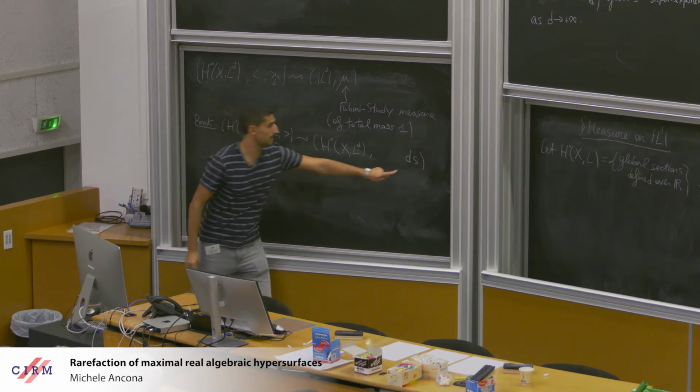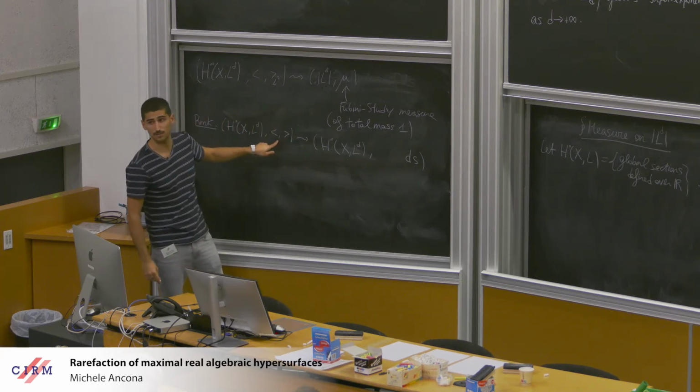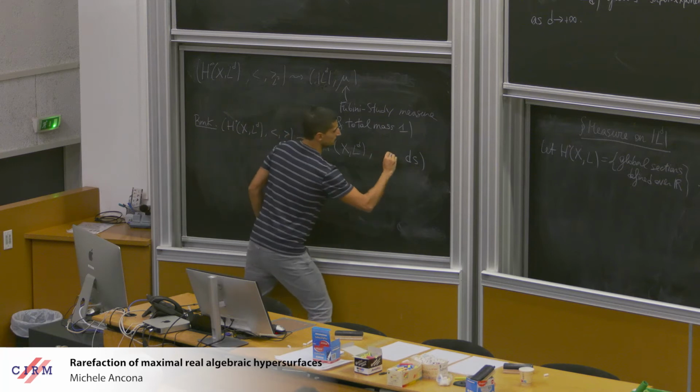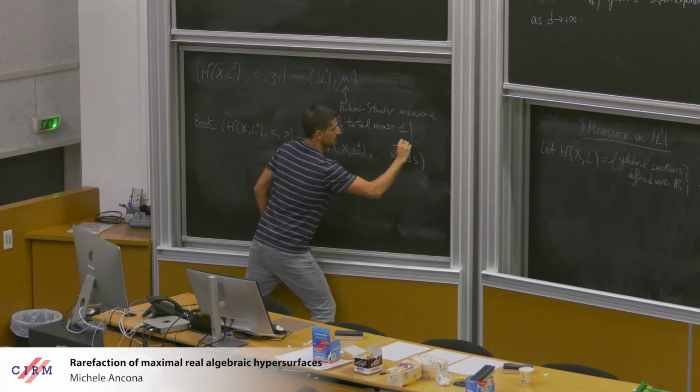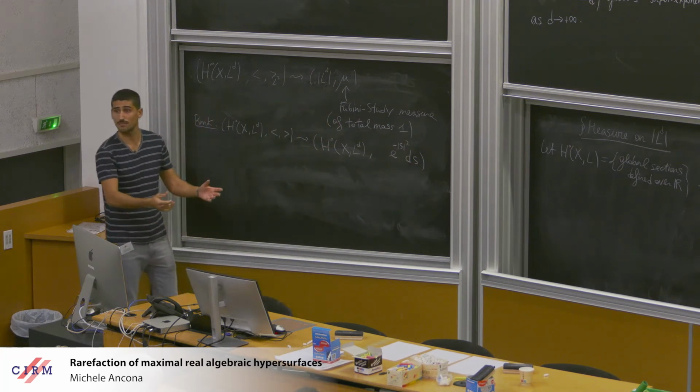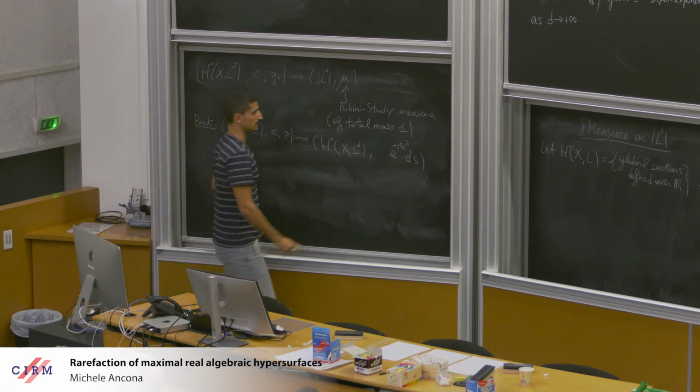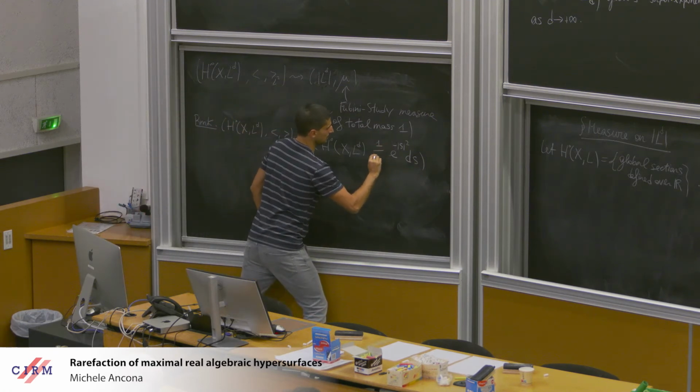So we have the Lebesgue measure induced by the scalar product, which we can multiply by some exponential weight so that the total mass is finite. And then we can normalize so that the total mass equals 1.